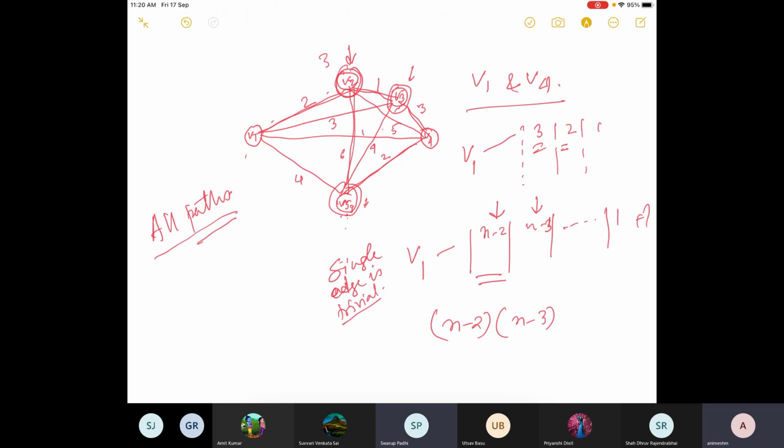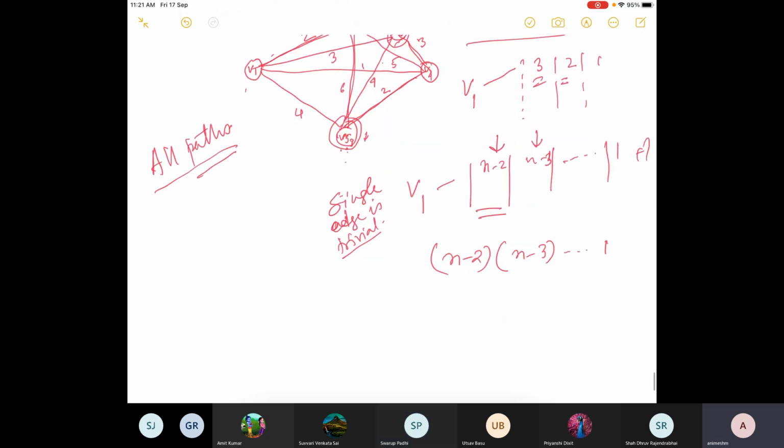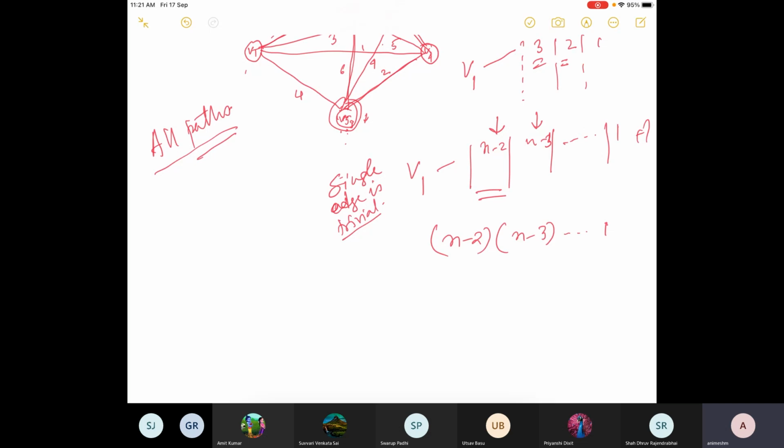Sir, we can add one to all of them because we can have a choice of not choosing any. Yes, you can. Agreed. Sir, then it will start from n minus 1, then n minus 2. True, agreed. So the one case I am assuming is trivial. That's why last day I said n minus 1.